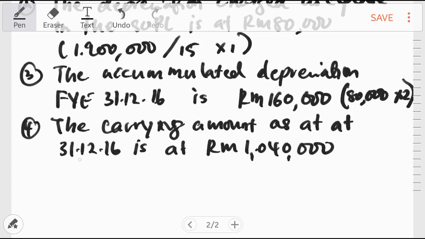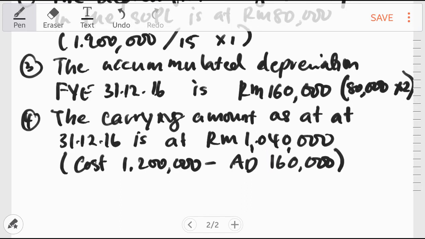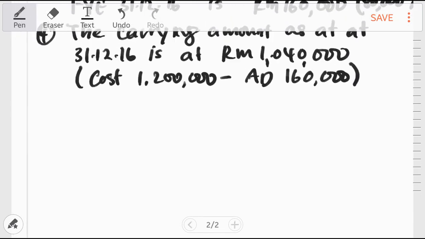Show the workings for this. So it would be cost 1.2 minus, write in full, I'm running out of time, so 160,000. So that's the first one.